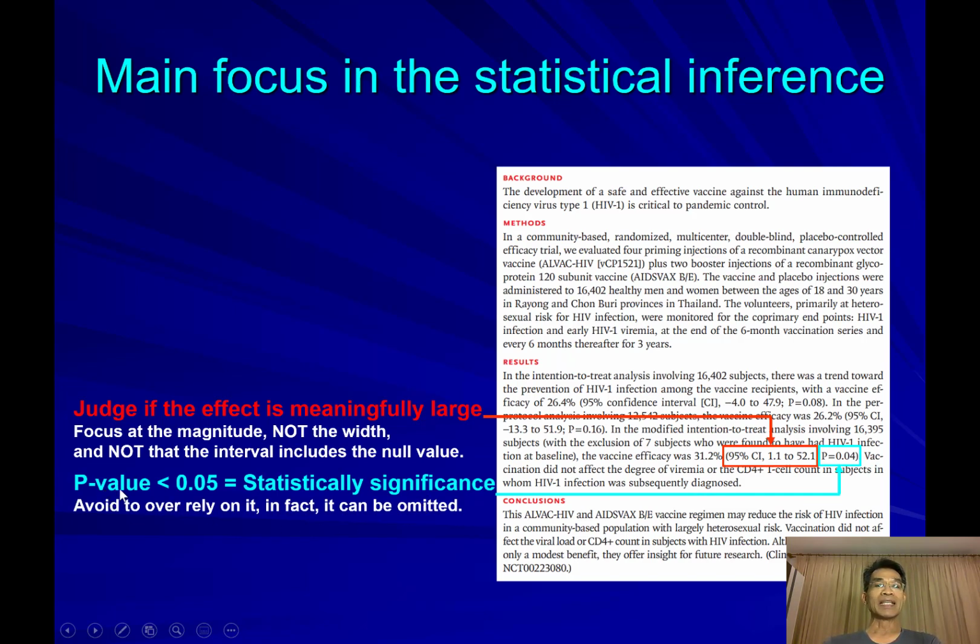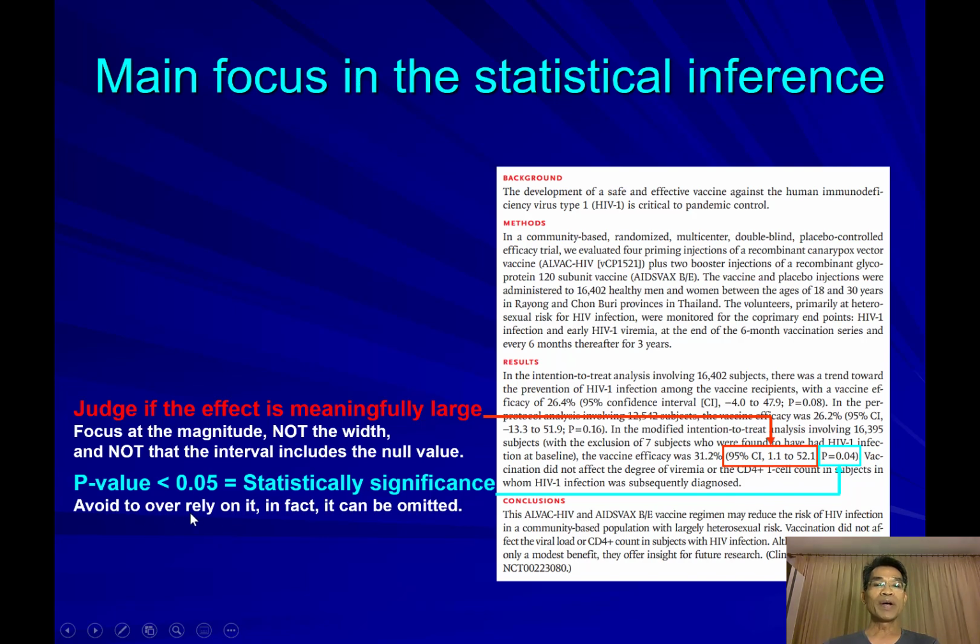So these are all judgments. The one who reads the paper should have something. The researcher also has something, that is, they put it here, may reduce risk. All right.